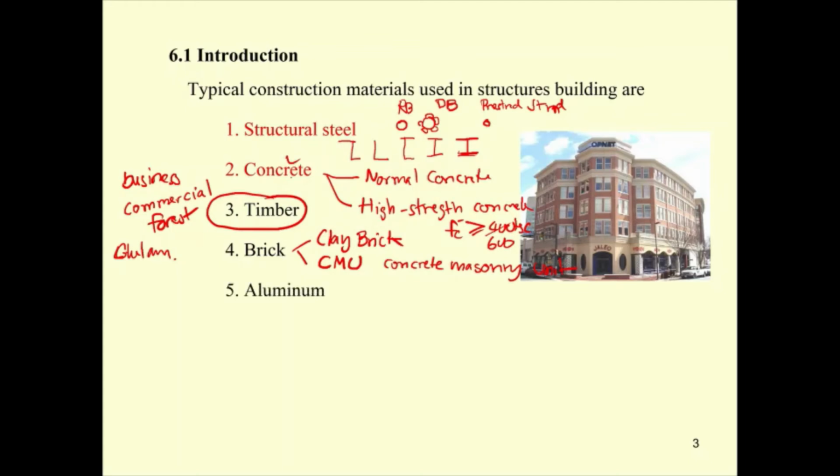And the fifth is aluminum. You can have structural aluminum in high-rise buildings, such as in Hong Kong or Taiwan. They build high-rise buildings with glass for the facade to let light go into the building.